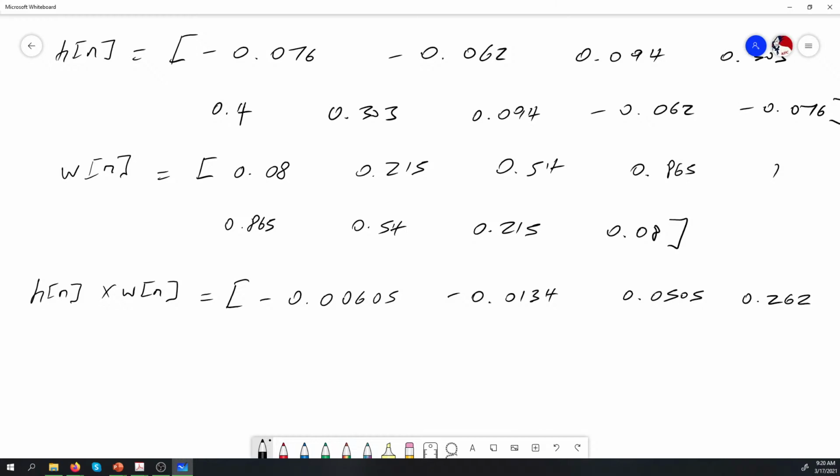This one here is going to be 0.4. And it's a mirror effect at this point, so we don't have to worry about any truncations. So it's just 0.262, 0.05, negative 0.034, and negative 0.00605. Right. That brings us to the end of our first part of the question.